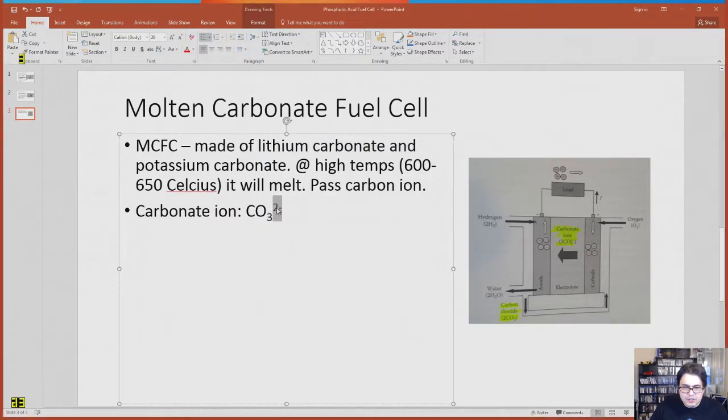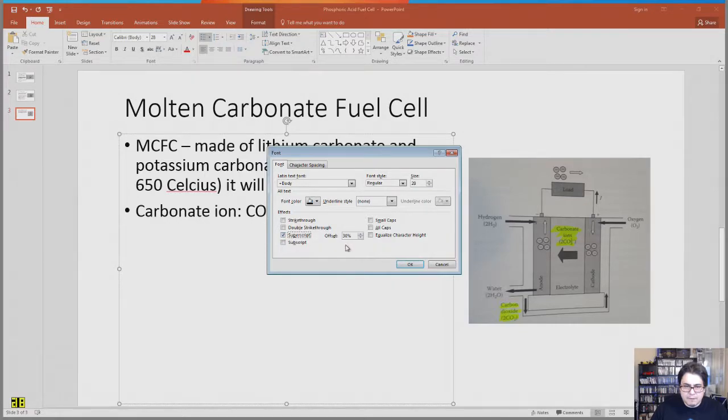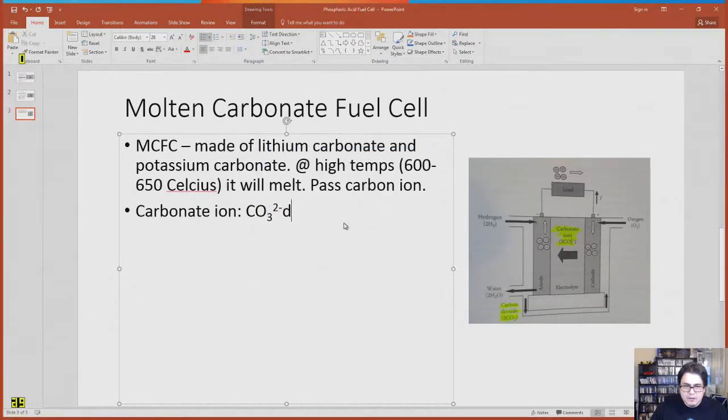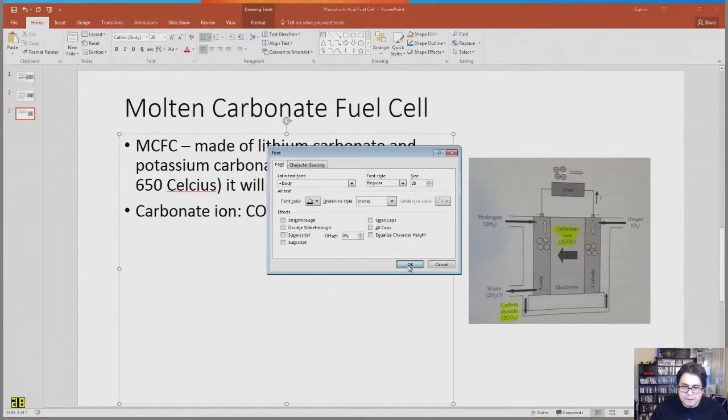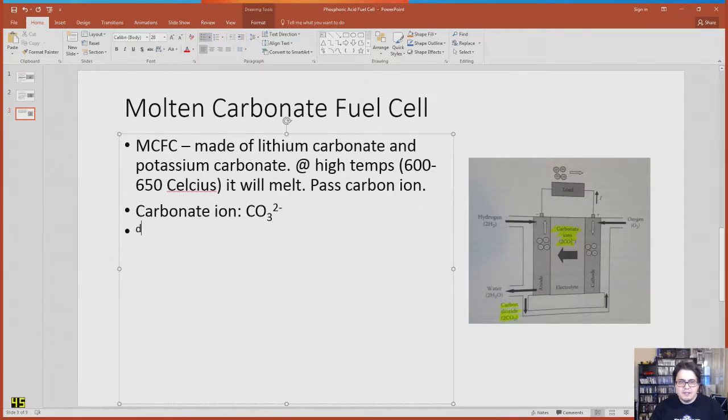If I'd be accurate, this should be directly on top here, but we can't really do that right now unless we use an equation editor. So we're just going to deal with that. So the idea here is that this carbonate ion is going to go through the electrolyte, right? And that's what's going to force these electrons through.